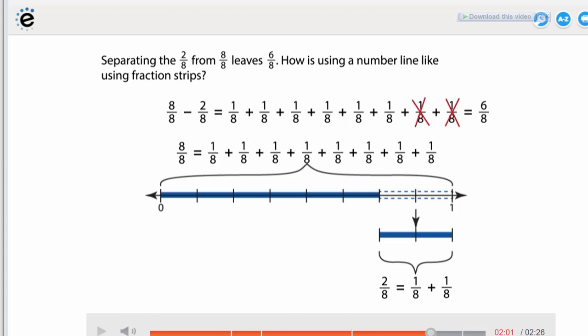Thank you, Abdurrahman. I like your answer. So my heroes, they are similar since we are using the whole one as 8/8 in both of them, and after that we just cancel 2/8, 2 straps if you are using straps, or 2 segments if you are using the number line, and the left will be 6/8.